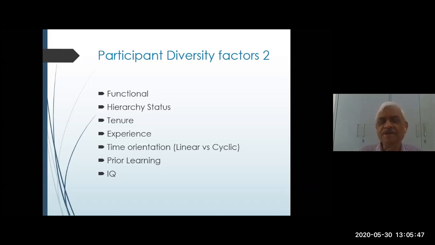So our orientation, and that of many other Asian countries, is cyclic, whereas Western cultures have a linear time orientation. That creates differences in how they decide, how they conclude, and what criteria are more important to one versus another.